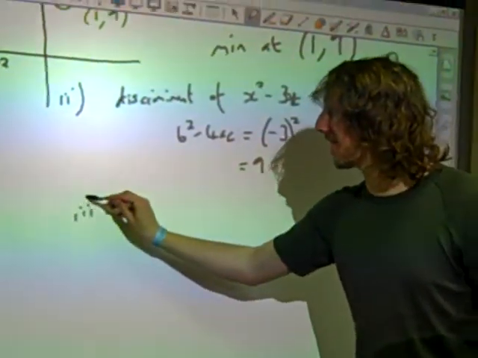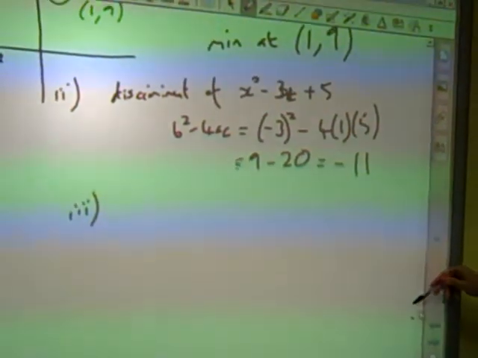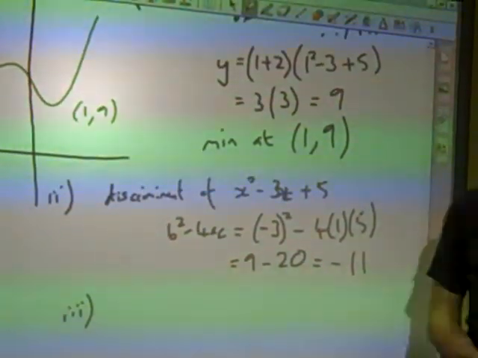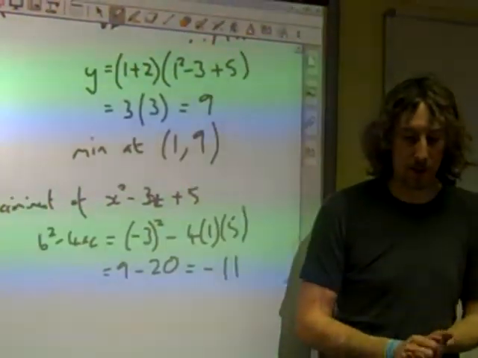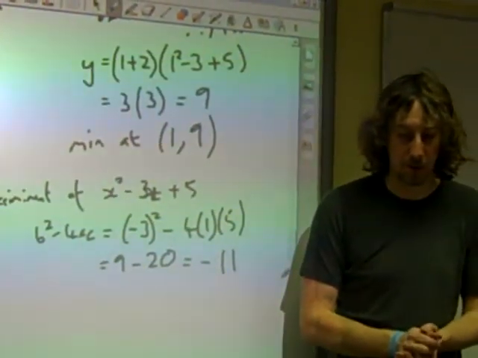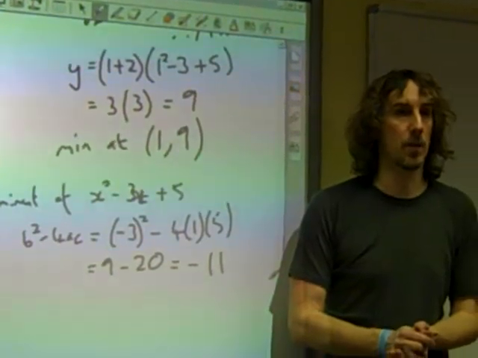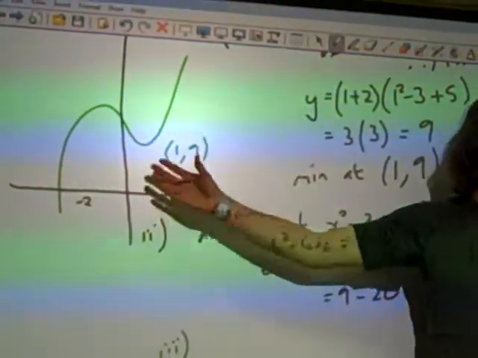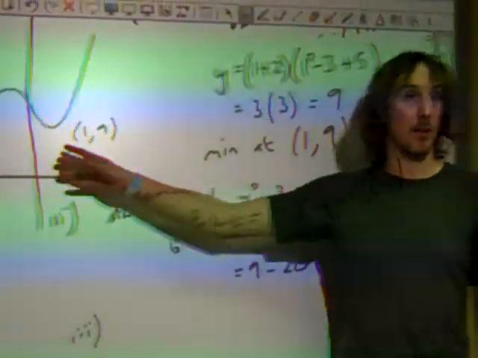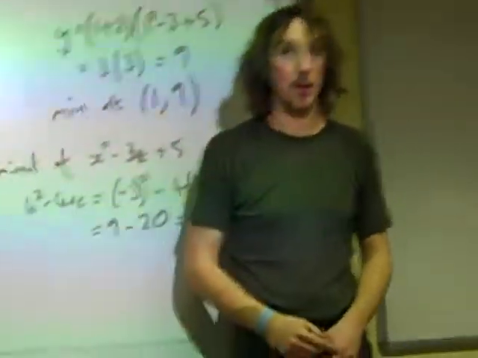Part 3 says, explain why x plus 2 times x squared minus 3x plus 5 is always positive for x greater than minus 2. The graph would probably do it, and that's a good sketch of the graph, so we've got that there.